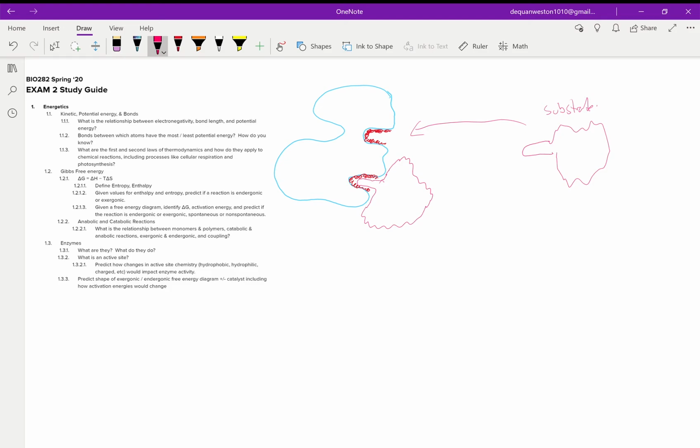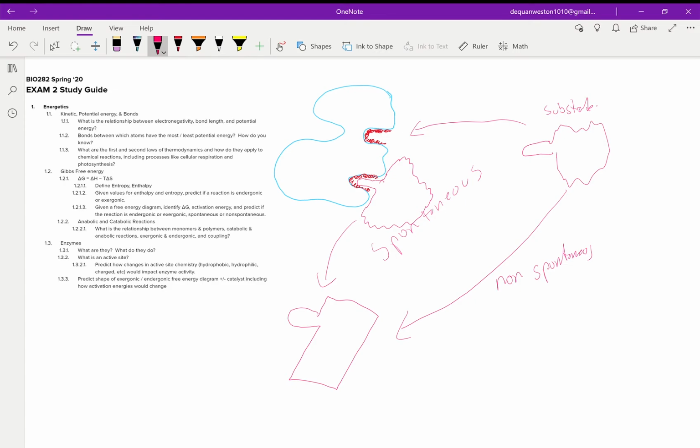And once this happens, maybe your enzyme will turn to that. So basically, this to this, but then this way. So just know that an enzyme is going to lower that activation energy.